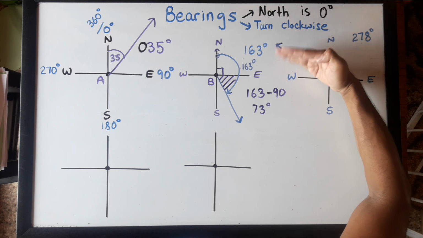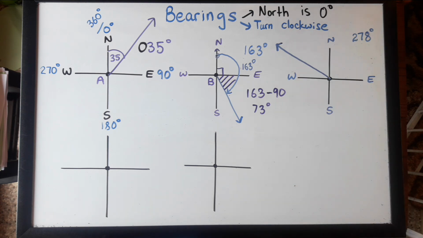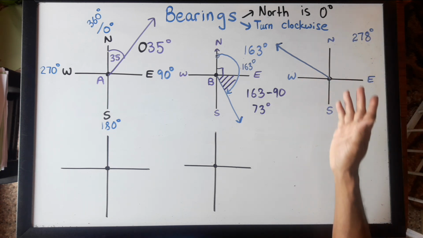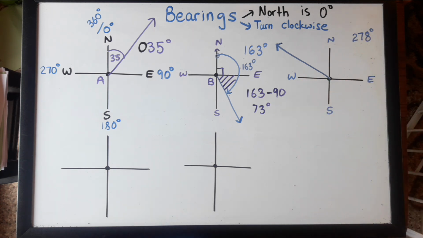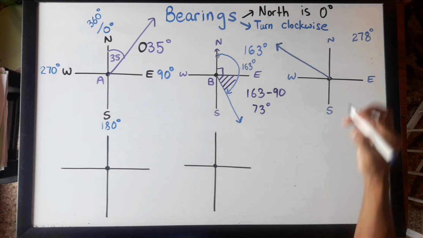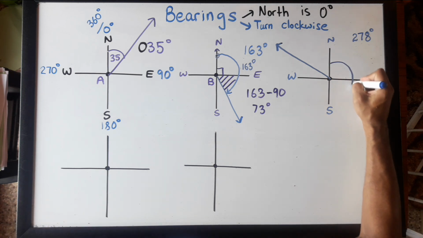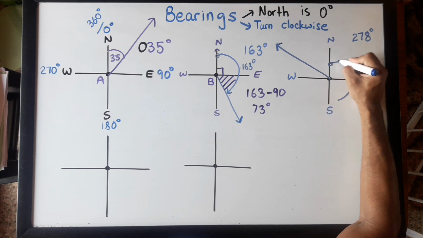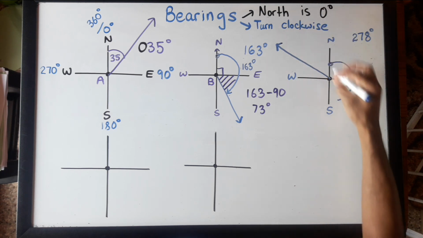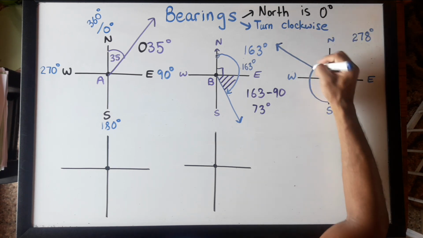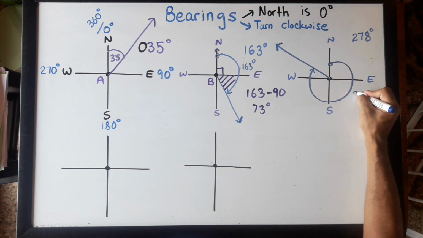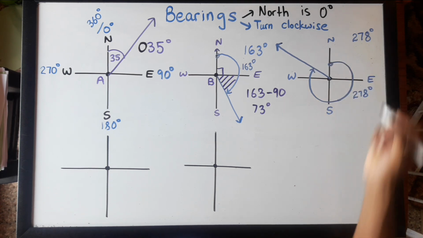I know it's supposed to be a little bit closer to the west, but remember, we are just approximating here. If you want to use a protractor, go ahead, but by approximating, it gives you a good visualization of the question and you will still get the question correct. So this entire angle from north all the way in a clockwise direction to this point is 278 degrees.